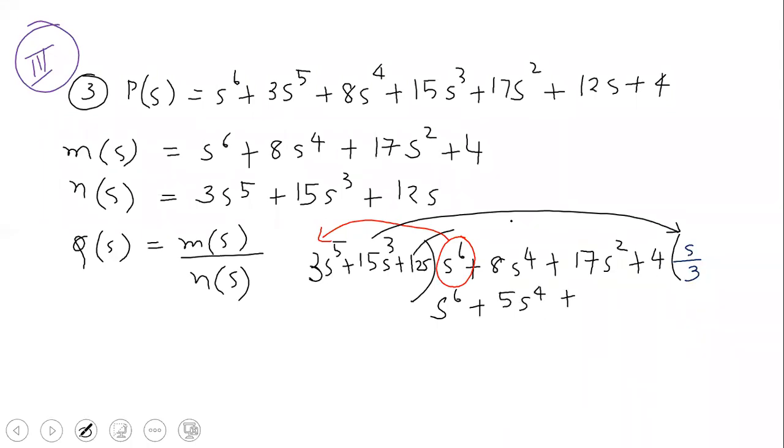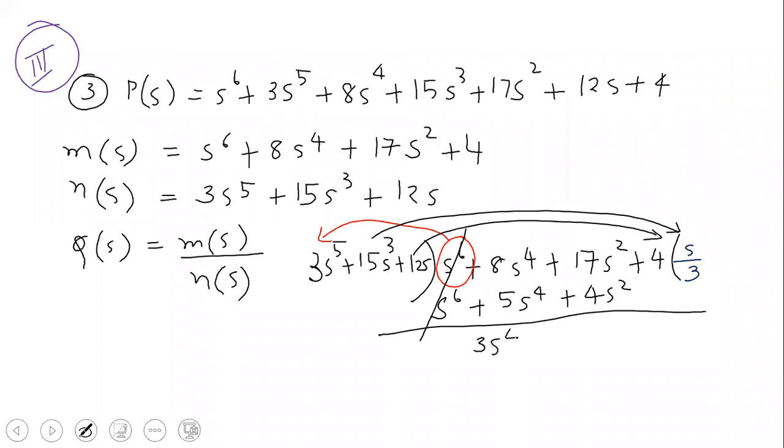Plus, we take this term and also multiply here. So we should get this as 4S square. Once we got this it will get cancelled. You will get 3S raised to 4 plus 13S square plus 4. So I hope you get this.